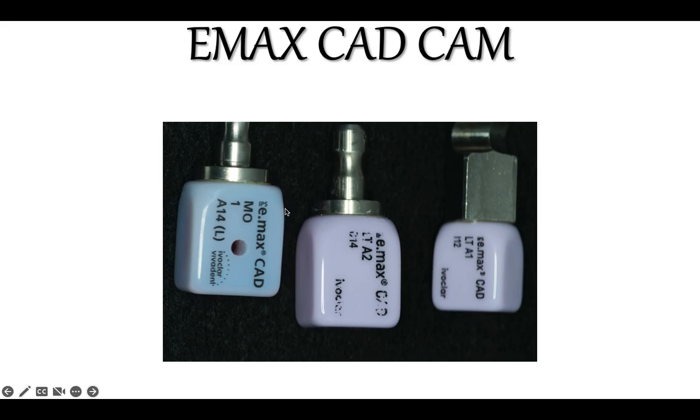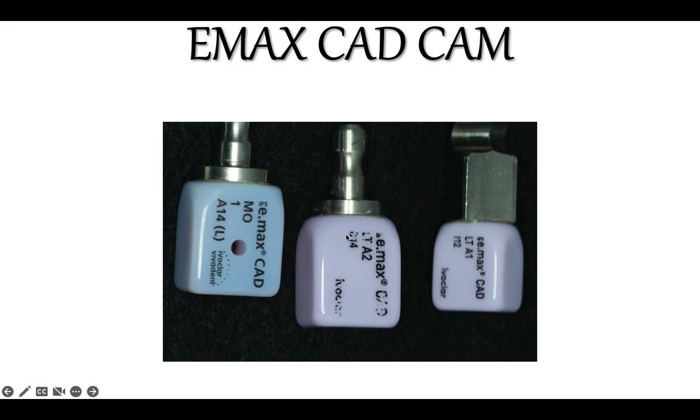Observe also that the size of the blocks can vary. They can be a little bit smaller, which are mainly for premolars or tiny teeth, anterior teeth. And for the larger molars, it's more with a larger block, like for example the C14.